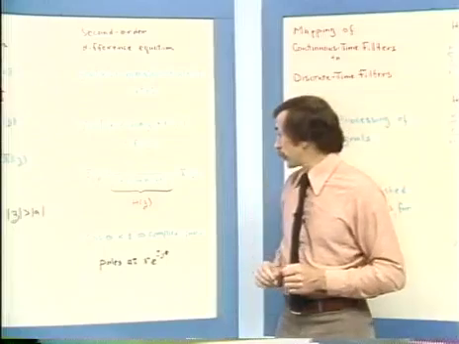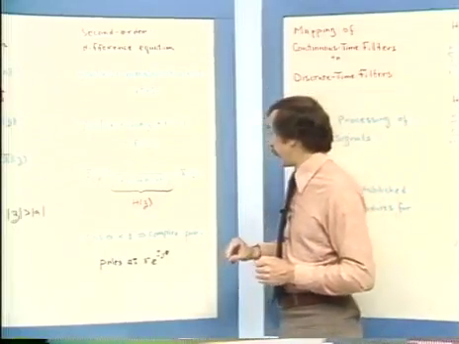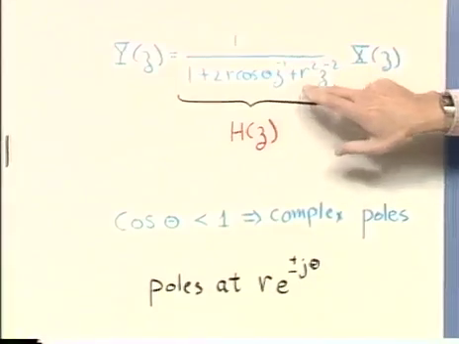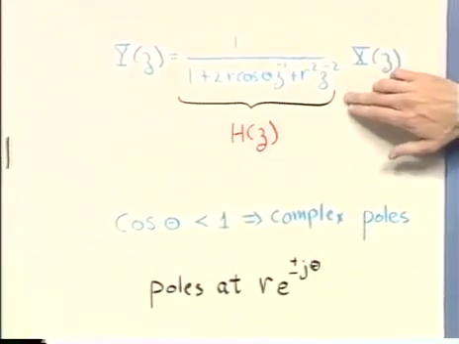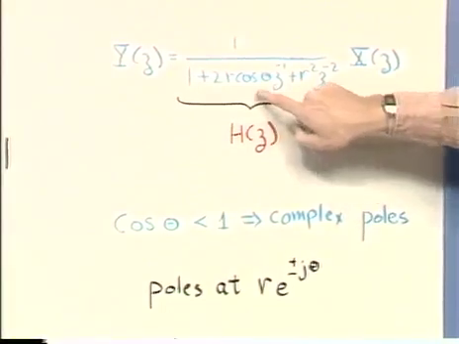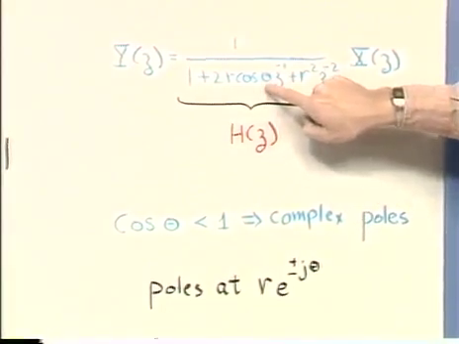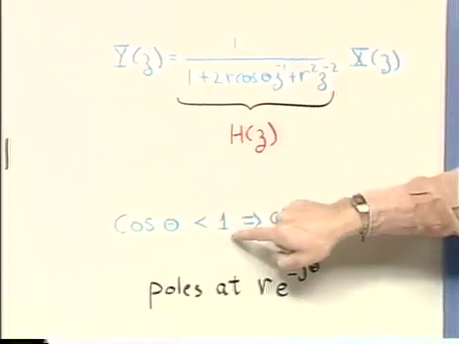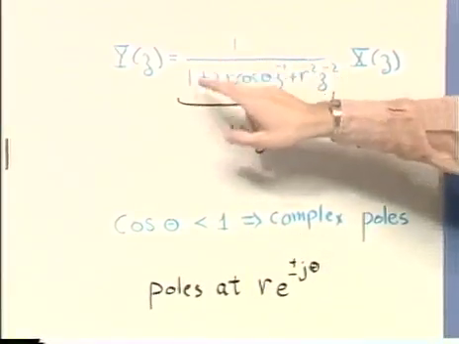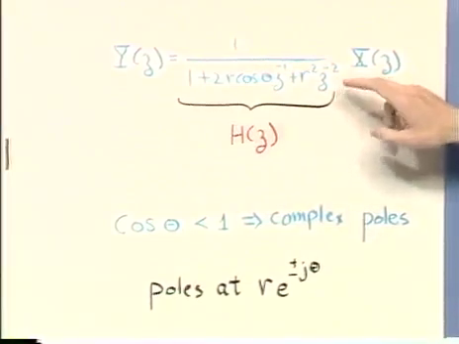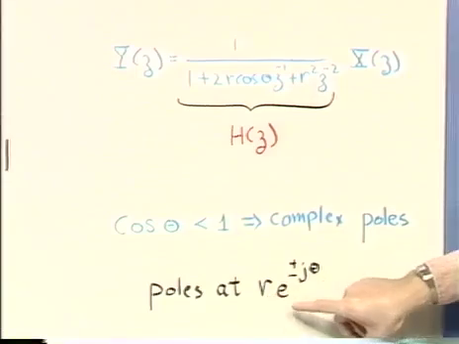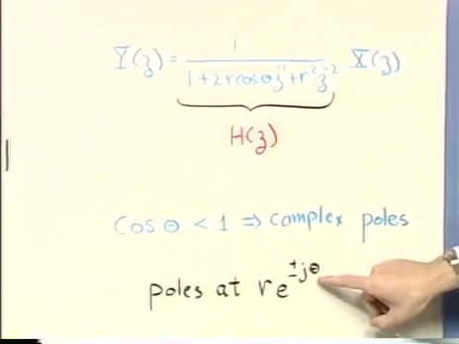Now, where are the poles? You can verify this algebraically at your leisure: if the cosine theta term is less than 1, then the roots of this polynomial will be complex, and in fact the poles are at r e to the plus or minus j theta.